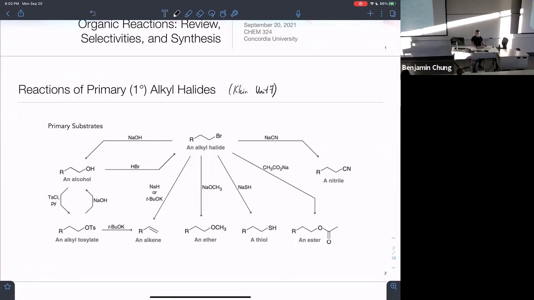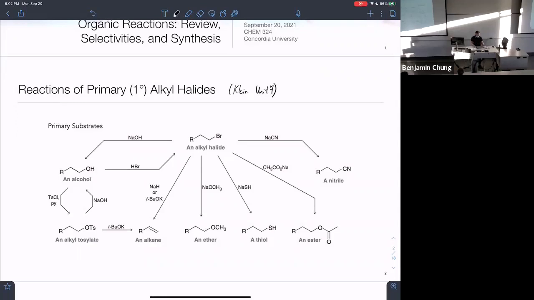Basically, you were introduced to nucleophilic substitution and elimination reactions in this chapter. This is taken from the summary at the end of the chapter, and they summarize all the reactions that alkyl halides can go through with regards to nucleophilic substitution and elimination.